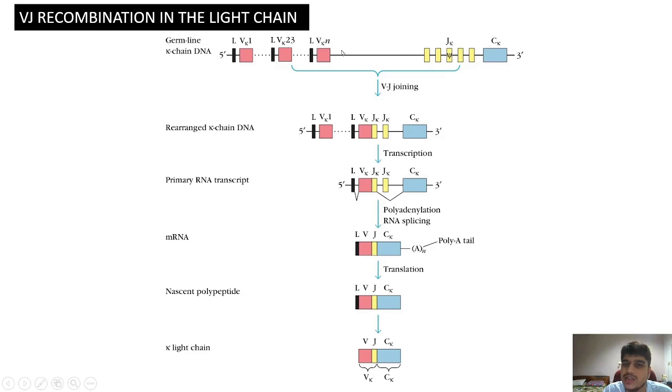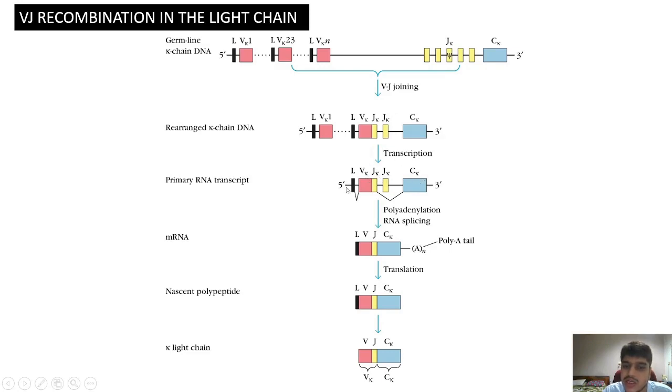Whatever variation is there, it will be there only in the VJ. No variation in the C because C is only one. So this VJ combines with C.